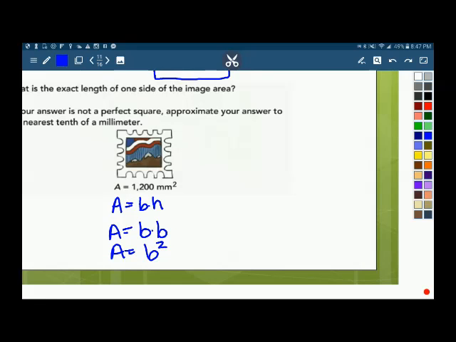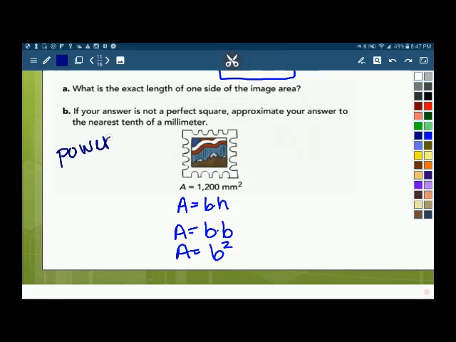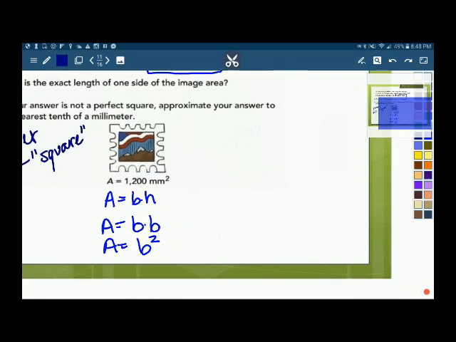Okay, so that really is one of the origins as to why we call a power of 2 square. Okay, because it came from having to do the area of a square, the actual shape of a square.